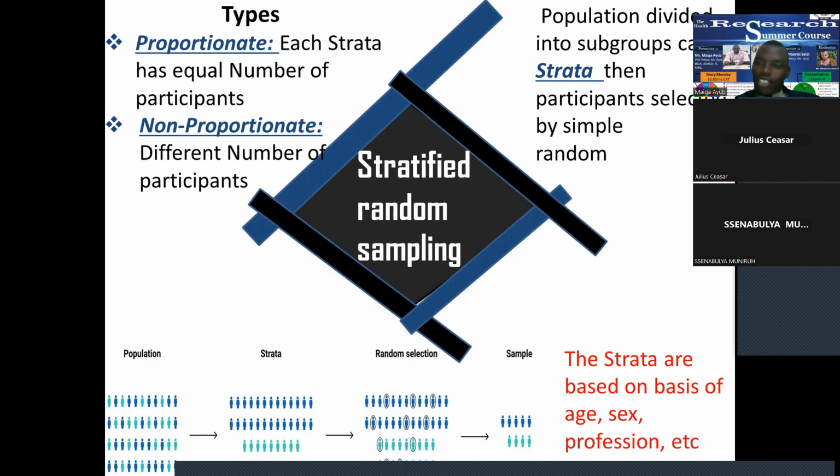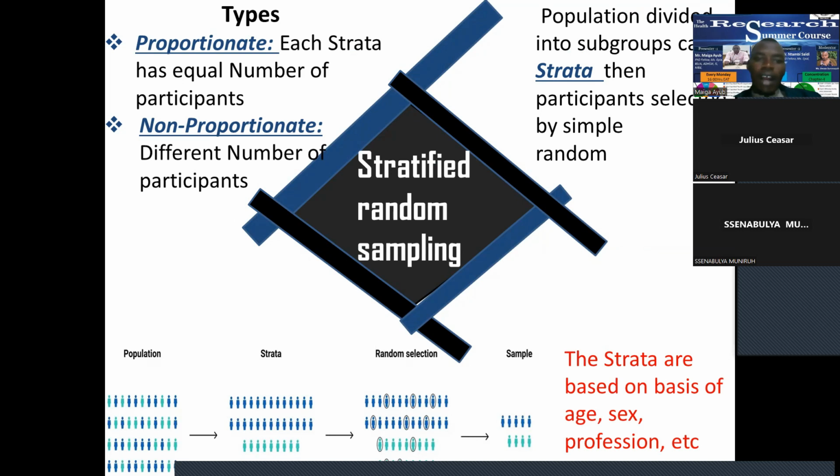Nurses, medical officers, physicians, midwives. So after forming the strata from health professions as the population, then I'm going to randomly select from the strata of midwives. I only want 5, and midwives are 10. So I can employ a simple random technique to pick out the 5 midwives from the 10. Okay, I hope that one is now clear.